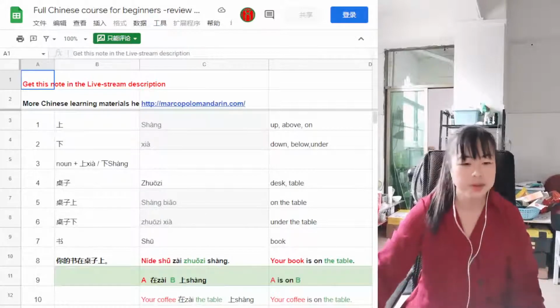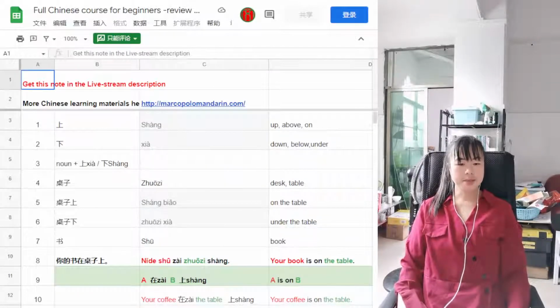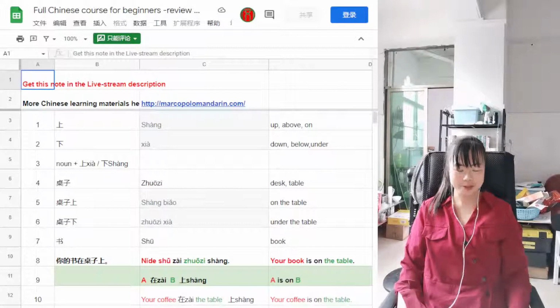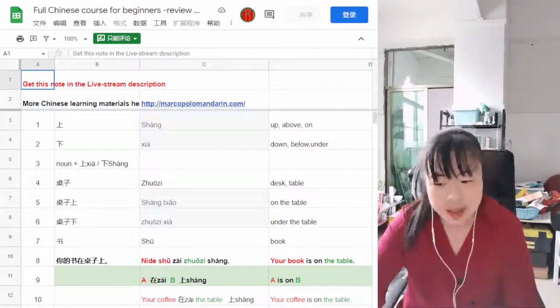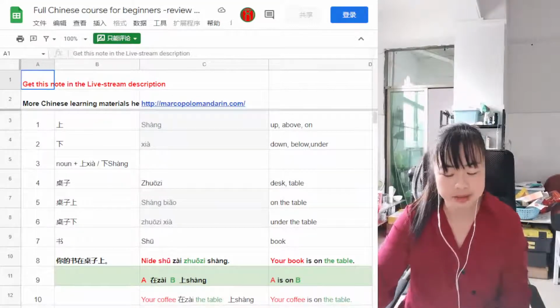My computer is outside the restaurant. How do you say it in Chinese? Get a pen, get a paper. Try to do it by yourself first. Okay? Try to do it by yourself first.